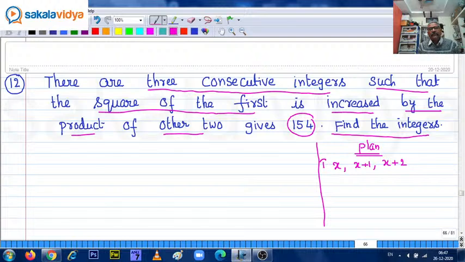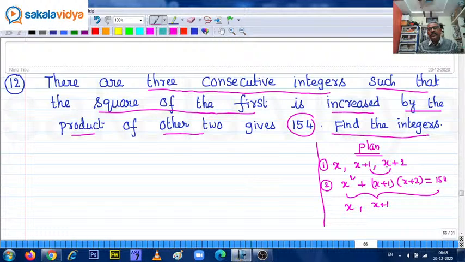This is the first step. Next, what is given? The square of the first means x square, increased by, plus, the product of the other two, means (x + 1)(x + 2), is equal to 154. If you simplify this, you will get a quadratic equation. Solve, you will find the x value. After that, substitute the x value in x + 1 and x + 2, so that the 3 integers can be evaluated.